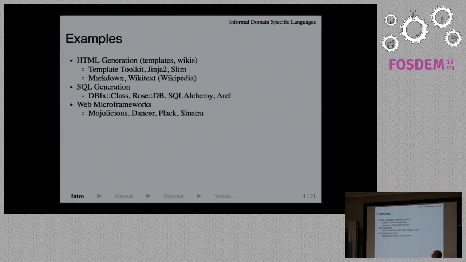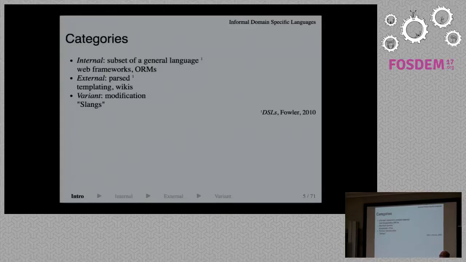In Perl, there's DBIx::Class. Then in Python, SQLAlchemy. In Ruby, there's Arel. And these are all ways of avoiding writing SQL. But you still have your own little isolated informal DSL to generate these languages. Web microframeworks are another example. The cute syntax that you use to generate your routes, where you say get this, post that, and it generates routes. Those are also informal DSLs.